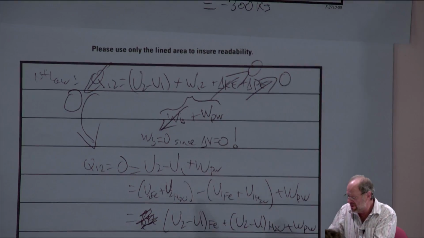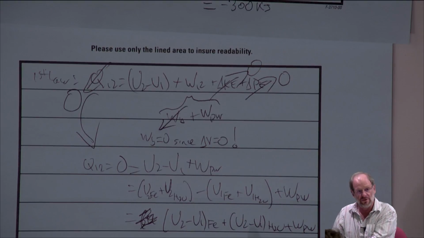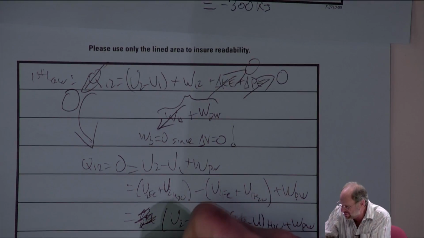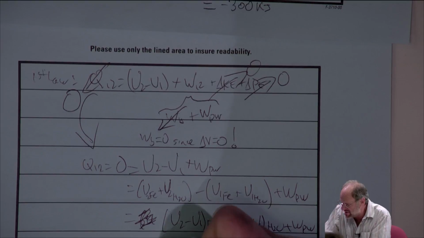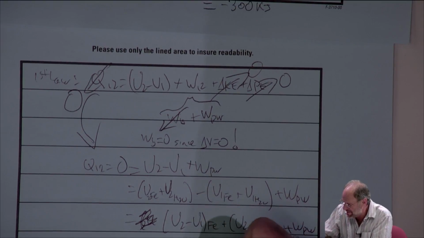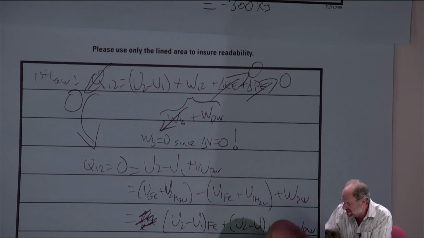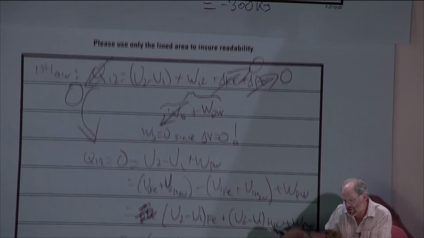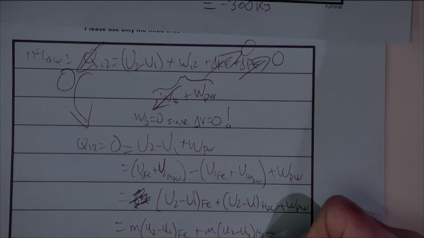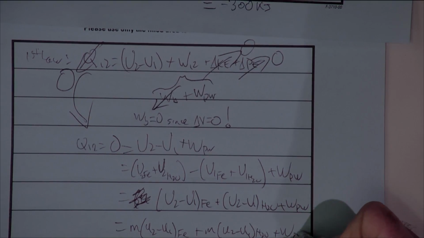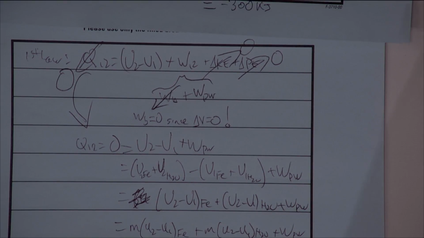And then we would note that these are total internal energy change terms, so they're equal to the mass times the change in specific internal energy for the iron, and the mass times specific internal energy change for the water, plus the paddle wheel work. And last but not least, we're talking about solids and liquids.